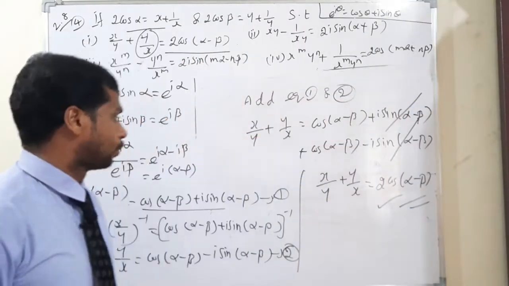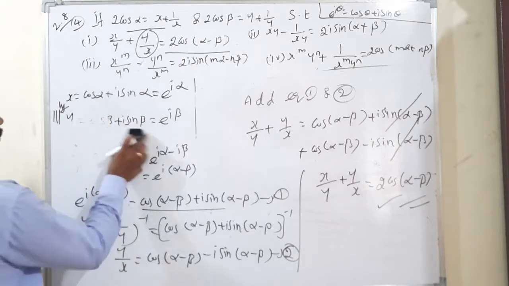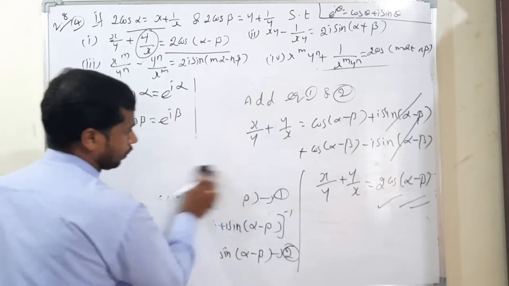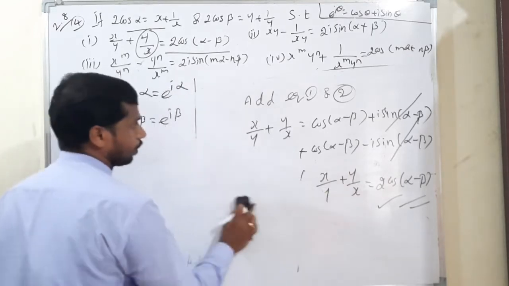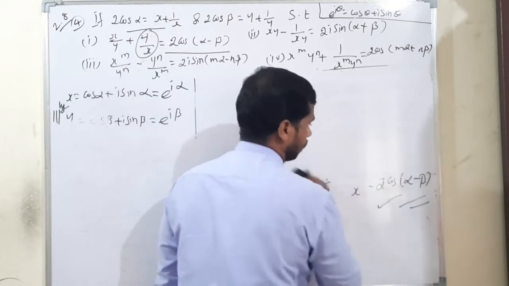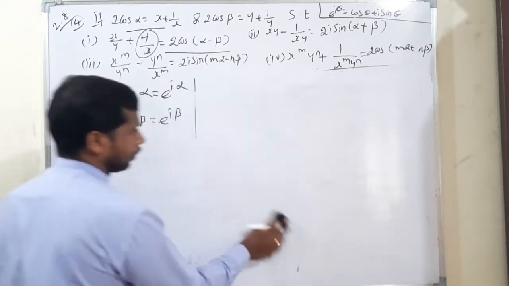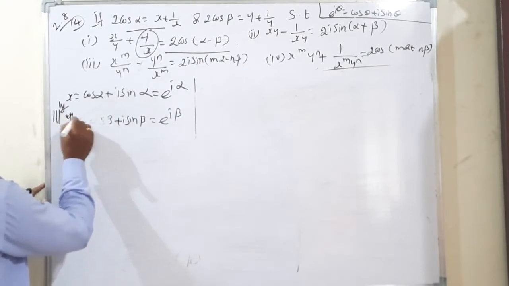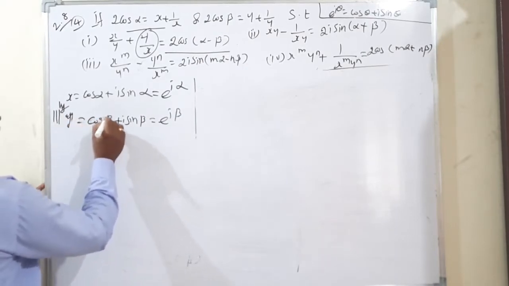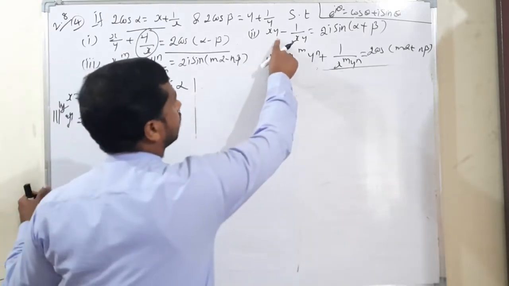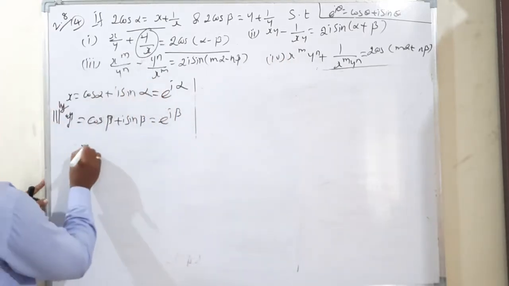Moving to subdivision 2. This is y is equal to cos beta, isn't it? Subdivision 2, left hand side x into y, isn't it?